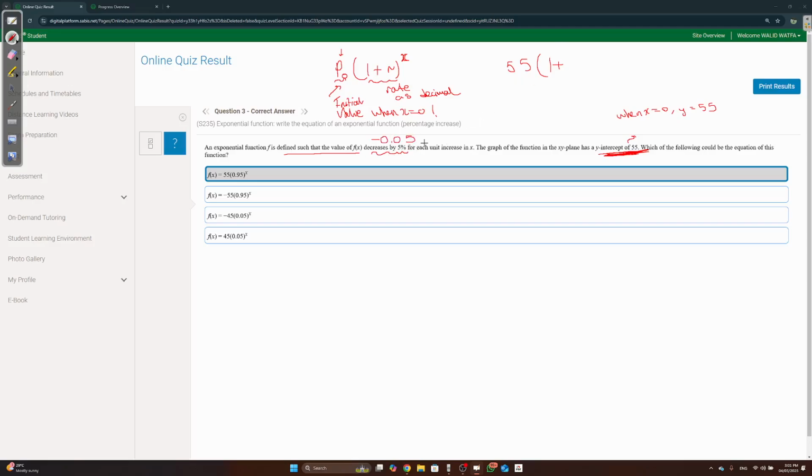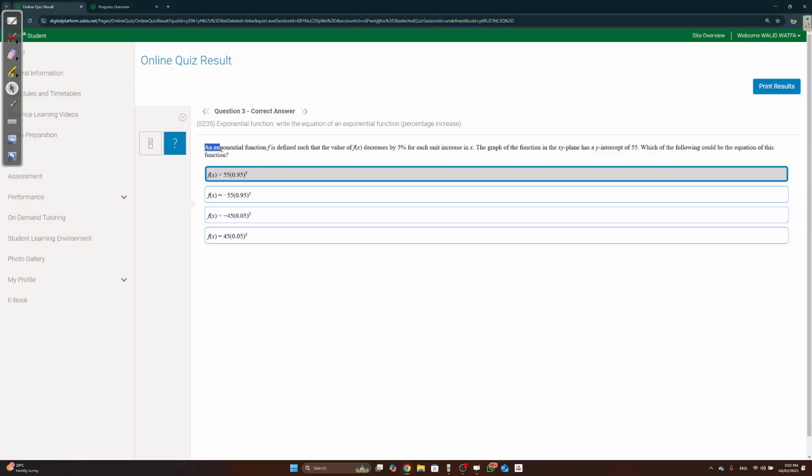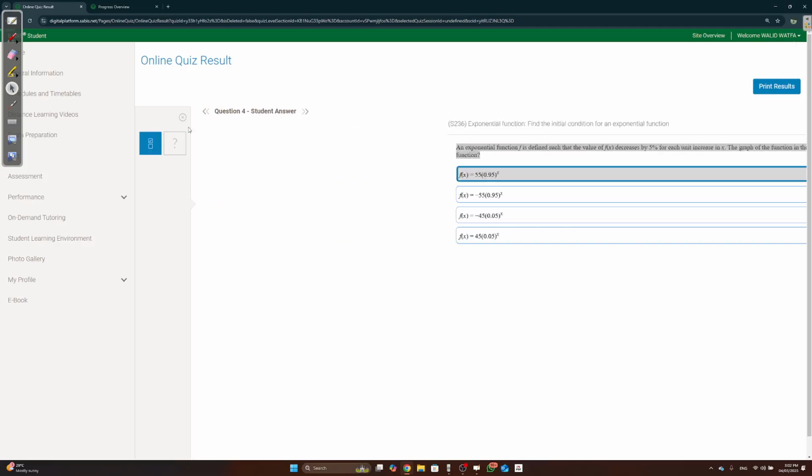If you don't know how to convert percentage to decimal, drop out of school, seriously, okay? 1 plus negative 0.05 to the power of x. Simplify this, you're going to get 55 times 0.95 to the power of x, okay? This is your answer. By the way, if you're doing SAT, I think you need this. I'm not sure, but I think you need this for SAT.